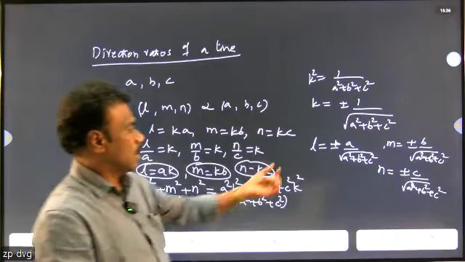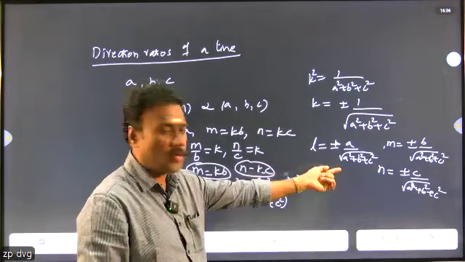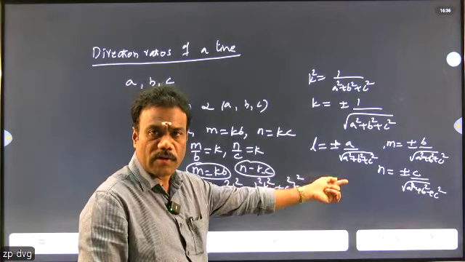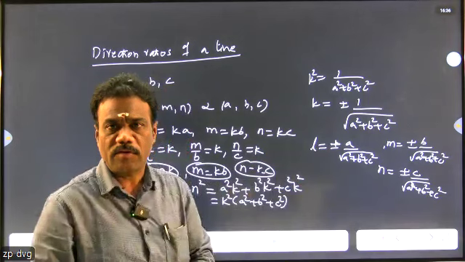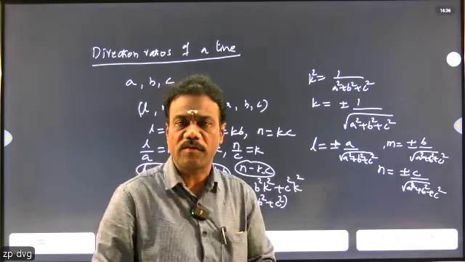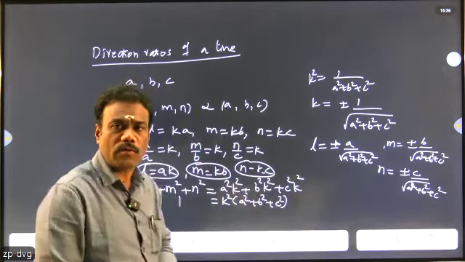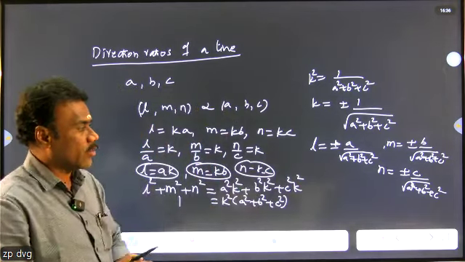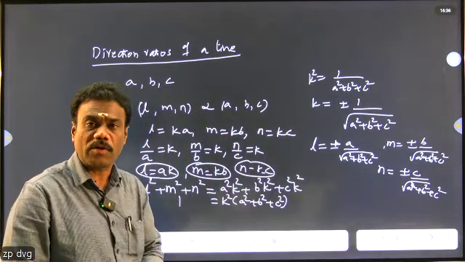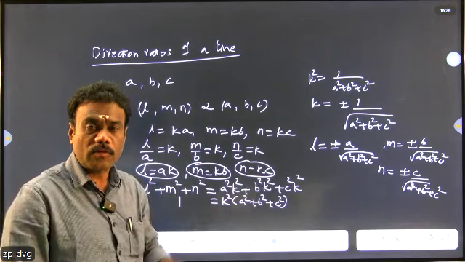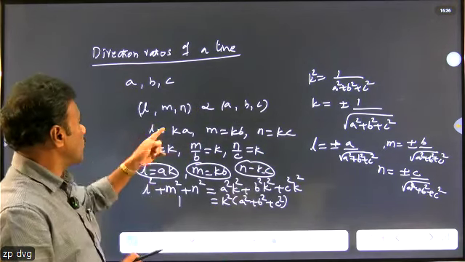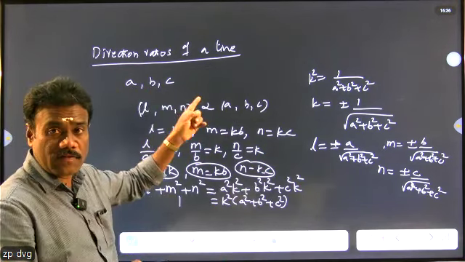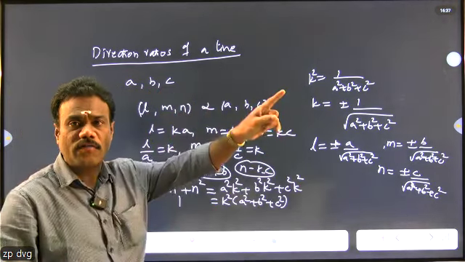So here l is equal to plus or minus a by root over a square plus b square plus c square, m is equal to plus or minus b by root over a square plus b square plus c square, and n is equal to plus or minus c by root over a square plus b square plus c square. So what are a, b, c called? Direction ratios of a line.